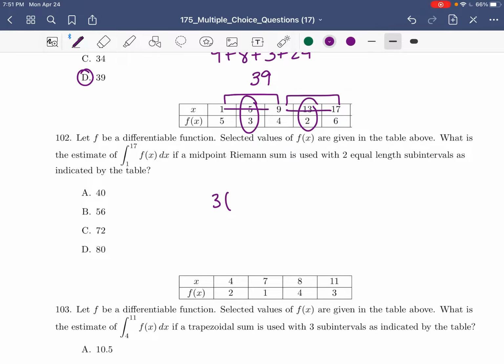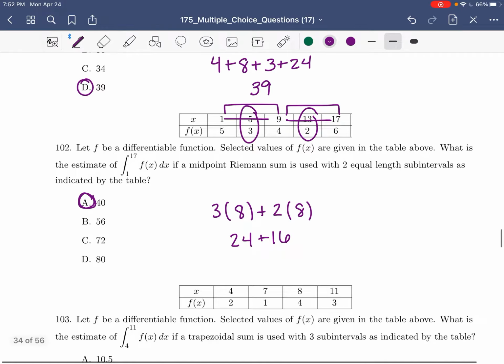So we're going to have 3, because that's our middle y value. The change from 1 to 9 is 8, plus our next midpoint y value is 2. The change from 9 to 17 is 8. So we should have 24 plus 16, which is 40.